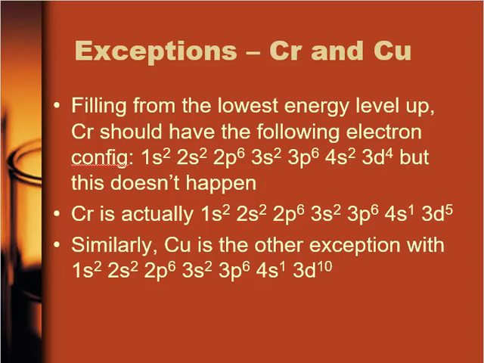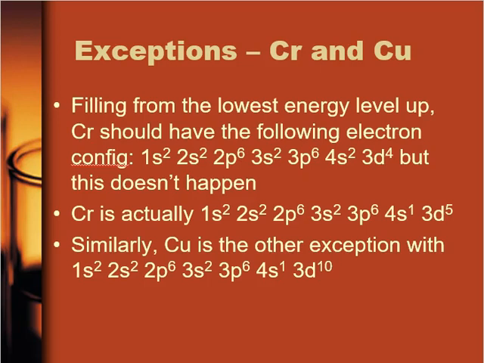Now, there are 2 exceptions that you need to be aware of when it comes to filling electron orbitals, and they are chromium and copper. Because of the way they work, they can become slightly more stable if you shift around a couple of electrons.